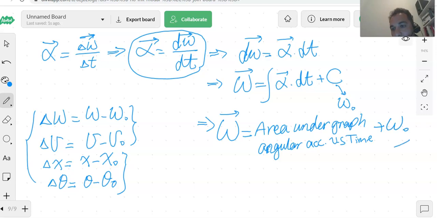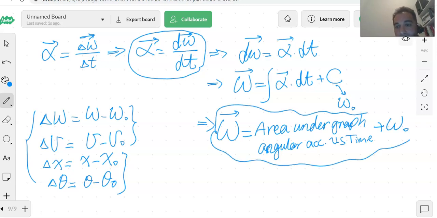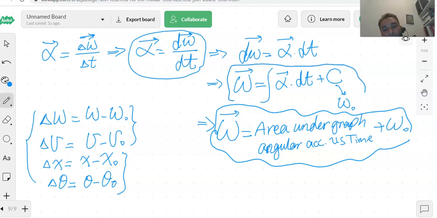Omega naught. This is very important. So as we have father-mother equations, here we also have father-mother equations in circular motion. Okay?